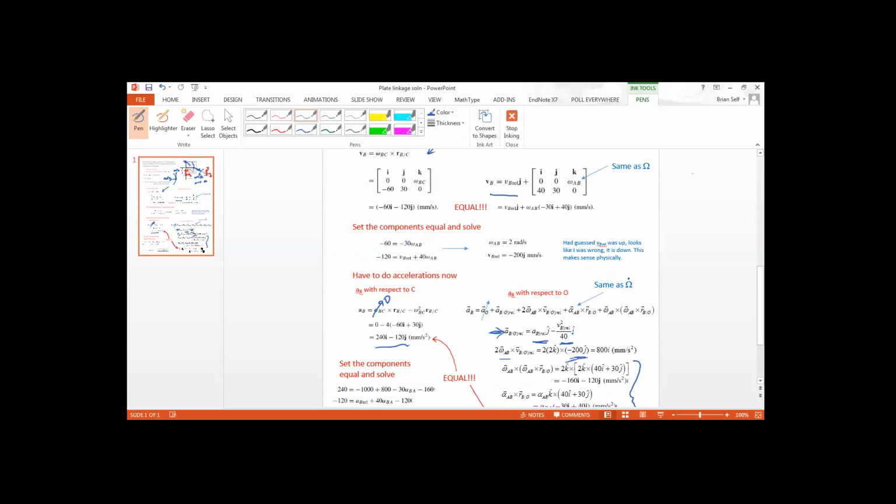Okay, let's see, 15244. Yeah, so let me see which one that is. So we've got, how far down was it? Oh, this is the plate one that's kind of rotating around. Okay, I see it.